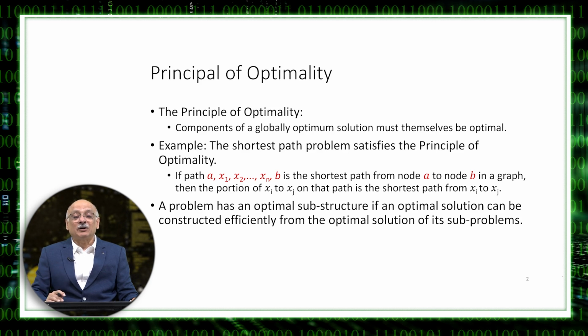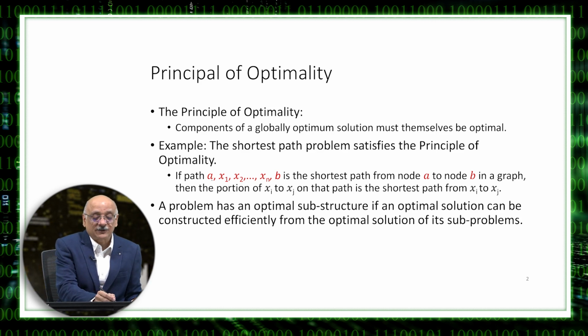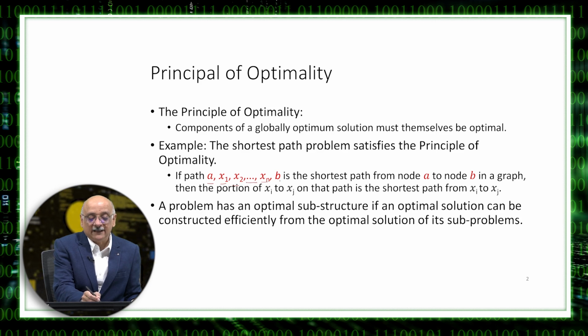If I want to define the shortest path from a source A to a destination B, then it may consist of A, x1, x2, and so on till xn and B.